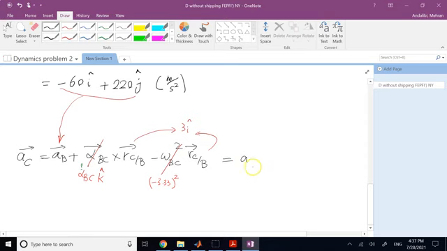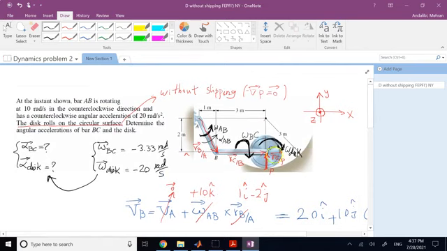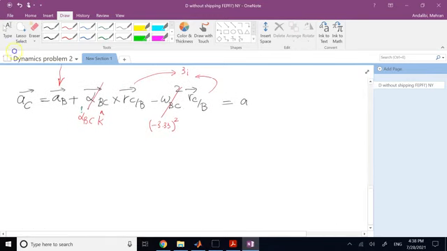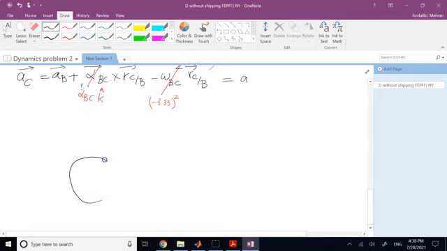And for the disk, I can go with point P, or actually, since it's just rolling without slipping, I can directly find acceleration of C through the disk. So I don't even need point P, because it belongs to the disk and the disk is rolling without slipping, correct? So it doesn't matter on what surface.